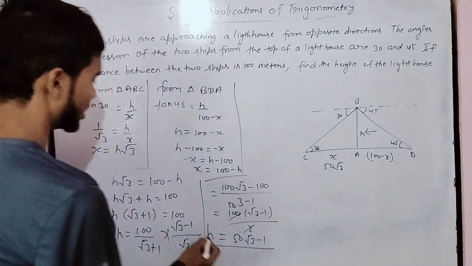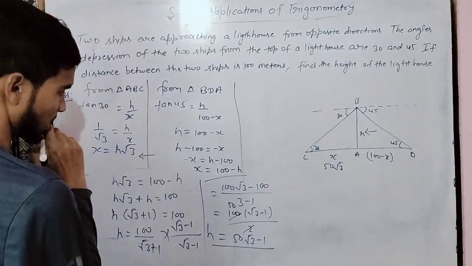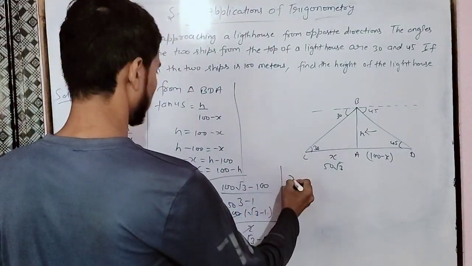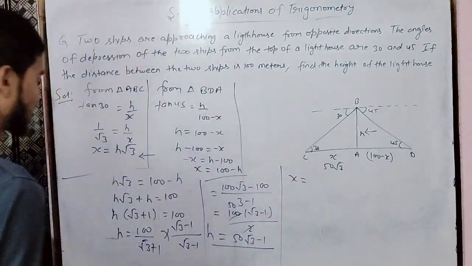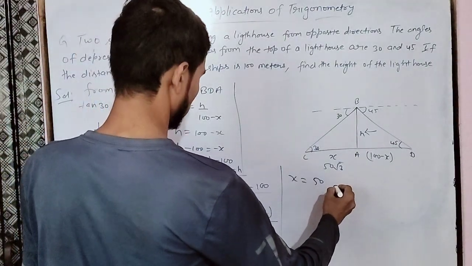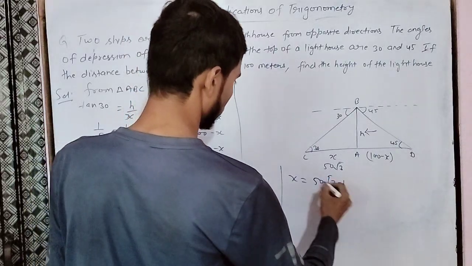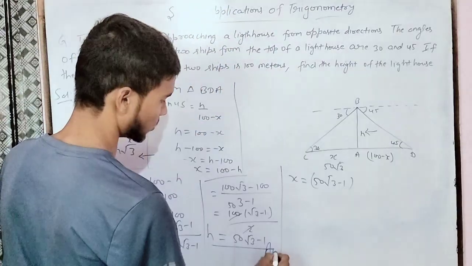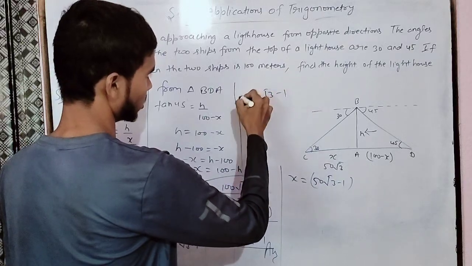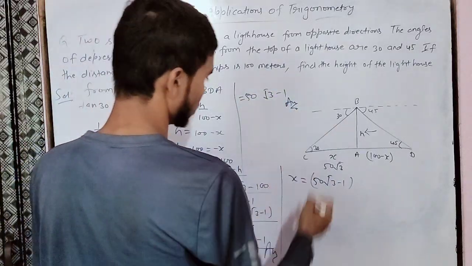We will put this in this. Tell, this is the answer. 50 root 3 minus 1. This is the final answer.